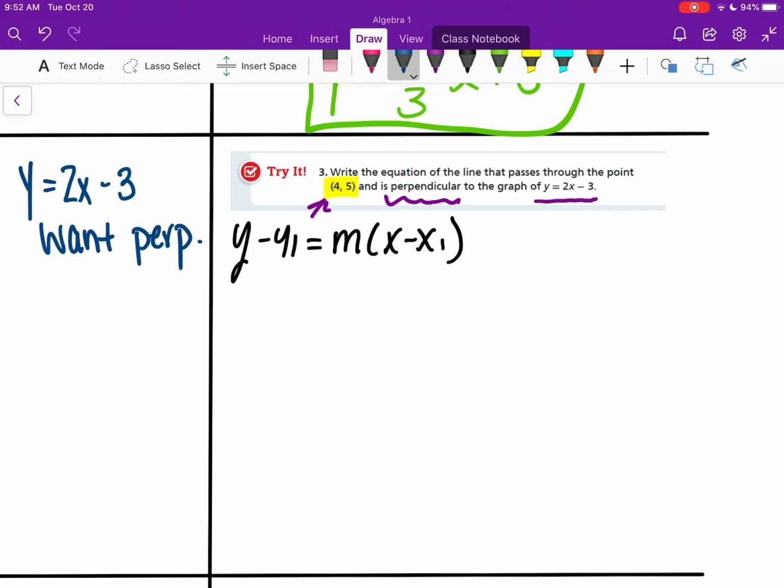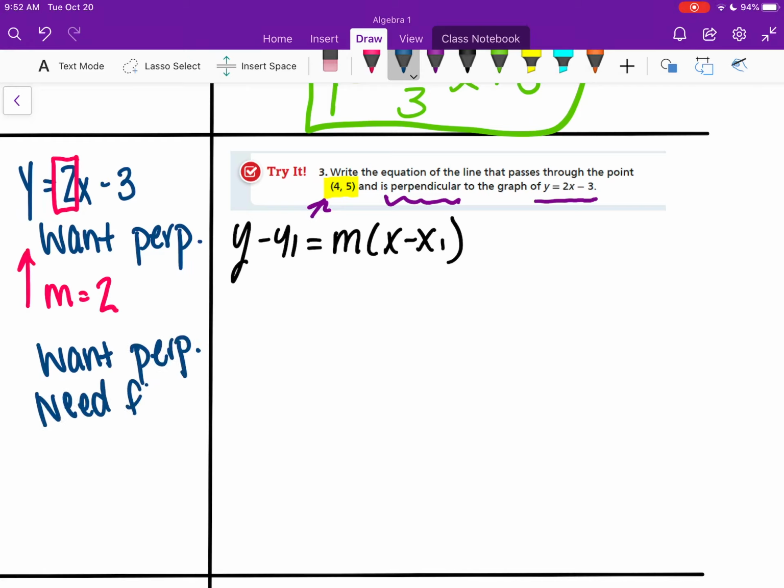All right, so let's pick out the slope of the line we were given. It's the number in front of the x. This line has a slope of 2. Again, we want to be perpendicular to that, so we need to flip-flop it, which means the slope of the line that we're going to graph needs to be the opposite sign, because that's what the flip means, flip the sign.